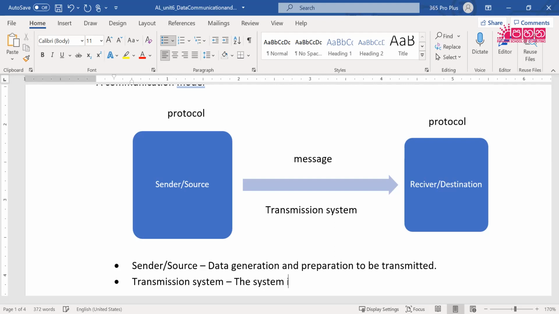The system is responsible for transmitting data from source to destination.